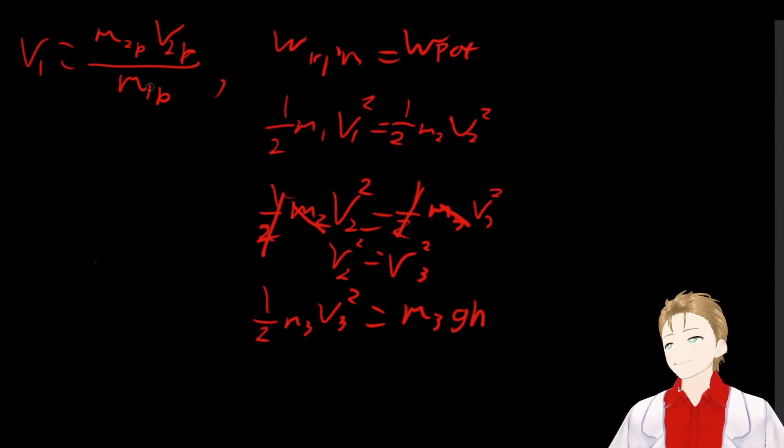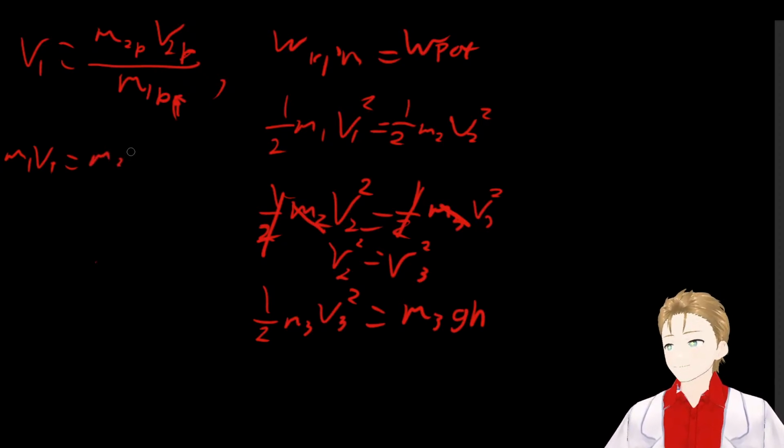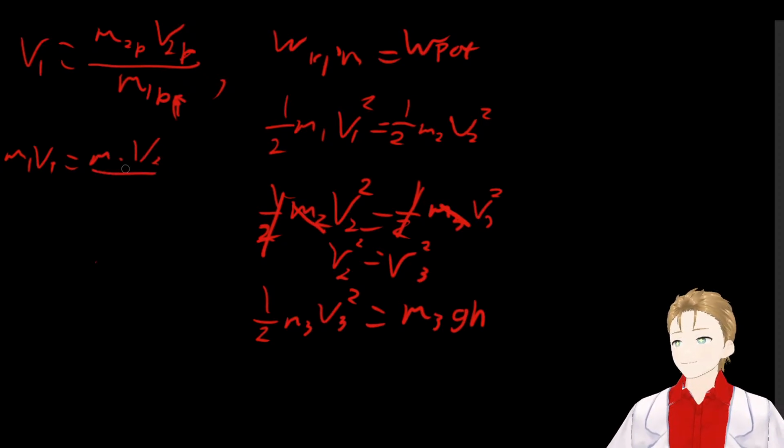I don't think this is right, actually. It might only be that. What is it? That's mass 1, velocity 1. Who cares? It's the same as the tools. Second velocity.